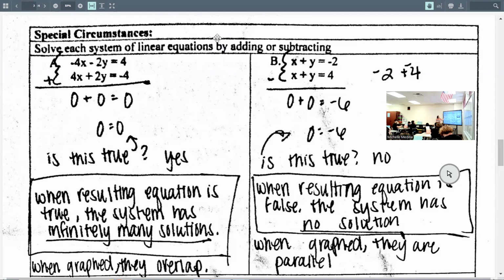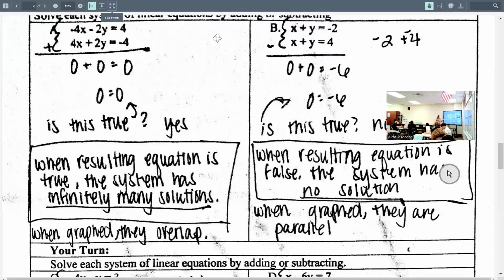Well, when I continue, I see that adding also ends up eliminating the y. So both variables eliminate. You still have to continue, like you still have to add this side and see, does it give me something that's true? Does 0 equal 0? So when it gives me something that's true, what does that mean for my solution?